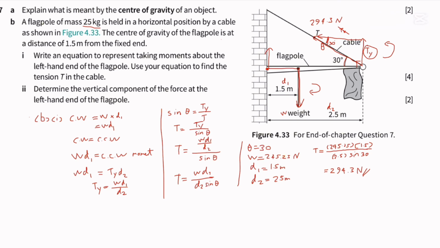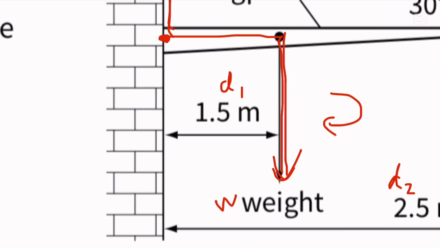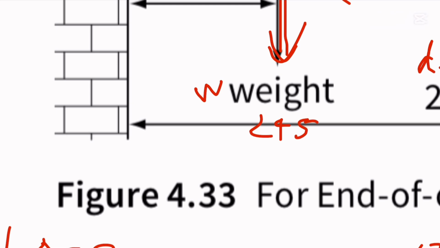Determine the vertical component of the force at the left end of the flagpole. So talking about this, the weight is 245.25 newtons.